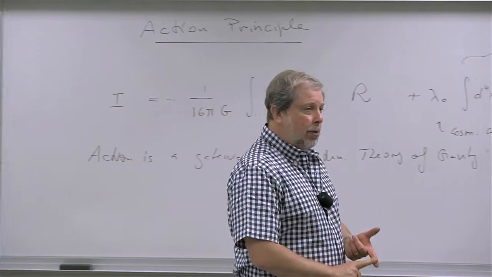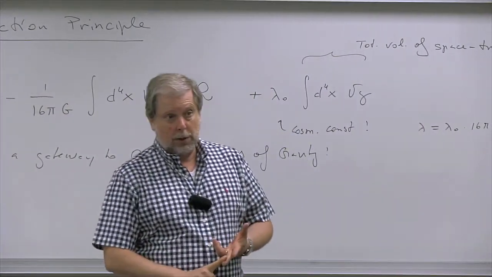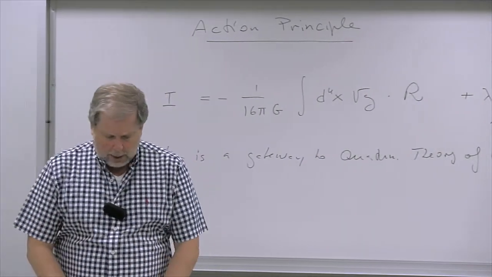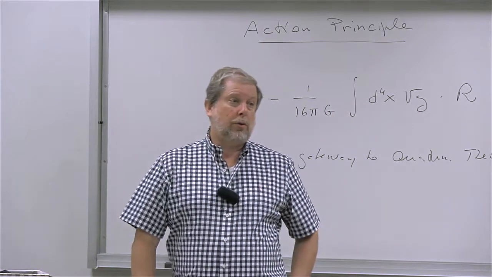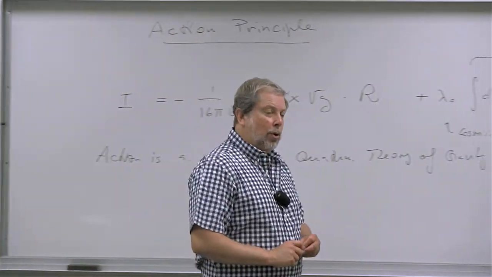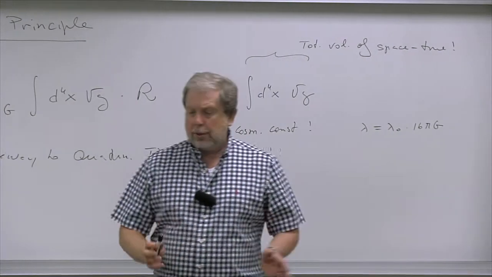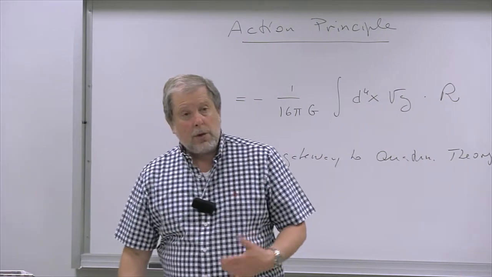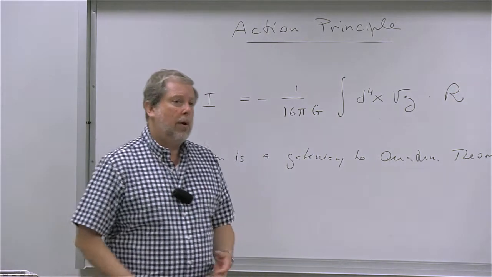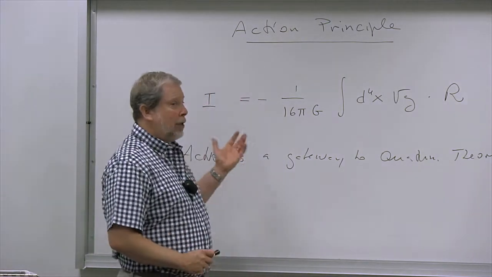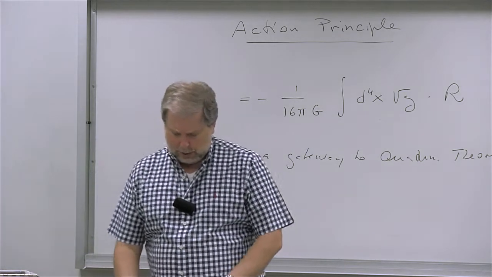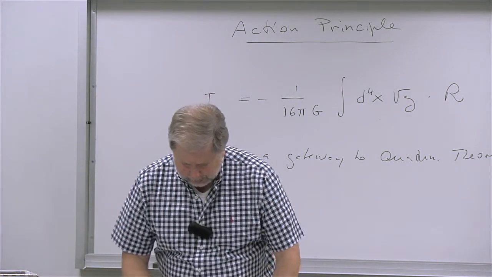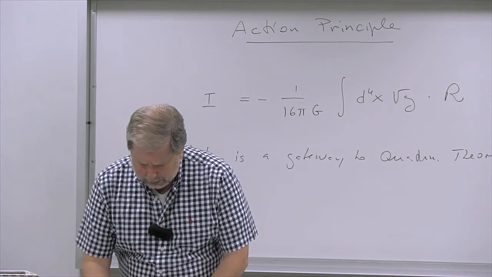It contains the bare Newton's constant, and it contains the bare cosmological constant, and then it might have some other parameters which have to do with the matter that enters into the action, which could be, you know, ordinary particles, neutrinos, photons, and things like that. But right. So the action is a gateway to the quantum theory of gravity. It is an essential ingredient, and it is unique. And so that is one of the interesting and fundamental things that comes out of the discussion we're having at this stage.